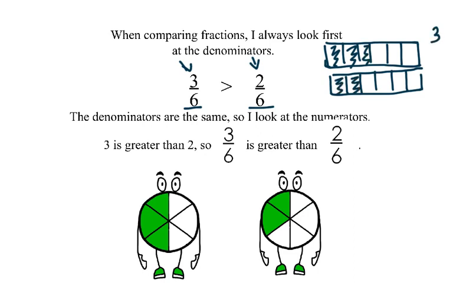So here's my 3/6 and here's my 2/6. Which one has more shaded? 3/6 does. So 3/6 is greater than 2/6. And I'm going to draw my symbol down there. All right?